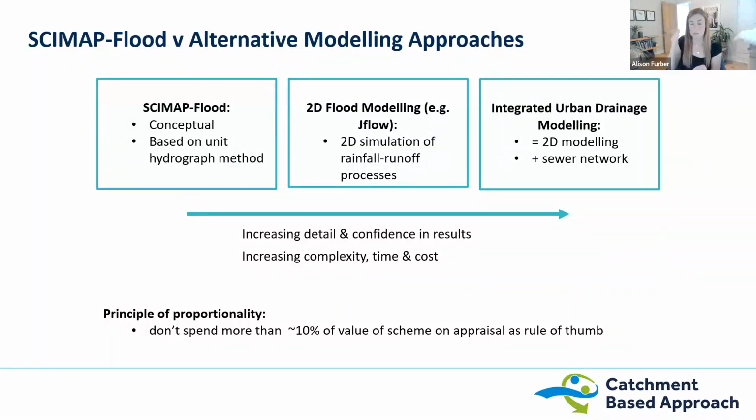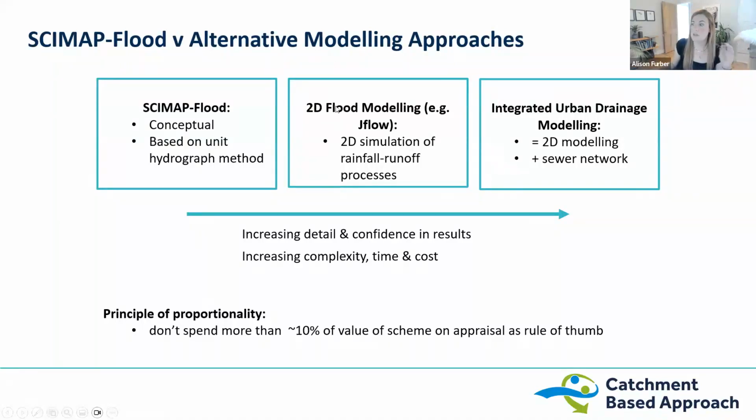The model runs as a simulation, maybe in 5-minute intervals, and at every point in the model run it's tracking where the water is as it passes through the catchment. So 2D flood modelling and integrated urban drainage modelling are a lot more complicated and a lot more expensive than something like SCIMAP-Flood. That's the thing to note.